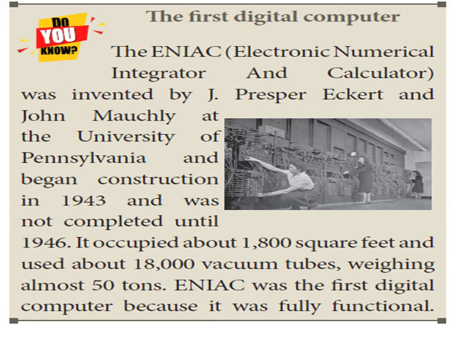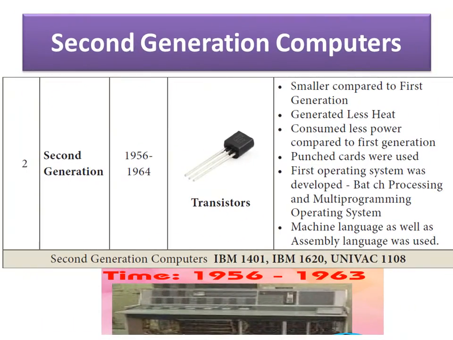Now we will learn about the second generation computer or the transistor computer. A second generation computer or a transistor computer is a computer which uses discrete transistors instead of vacuum tubes. And they used magnetic core memory. You know, children, in first generation vacuum tubes were used, but in second generation transistors. So the second generation computers were smaller in size as compared to the first generation computers.